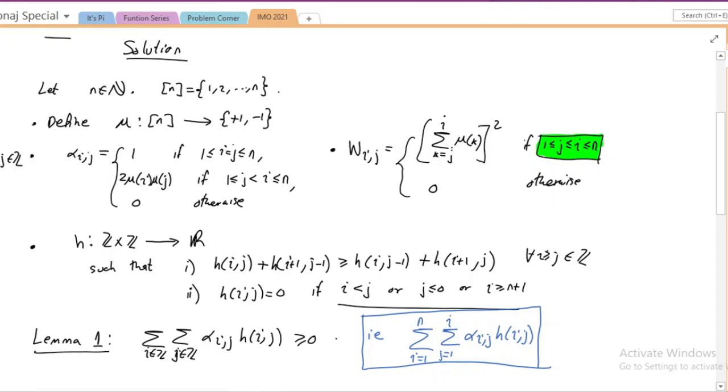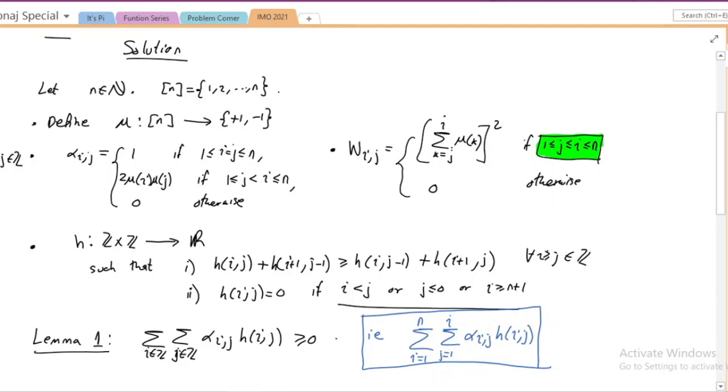I and j have to range between 1 and n because we're taking mu of k, and that ranges from 1 to n. So the numbers from 1 to n are our main focus. To make the proof flow more easily, we just consider all integers. That's why we have lots of terms being zeros.